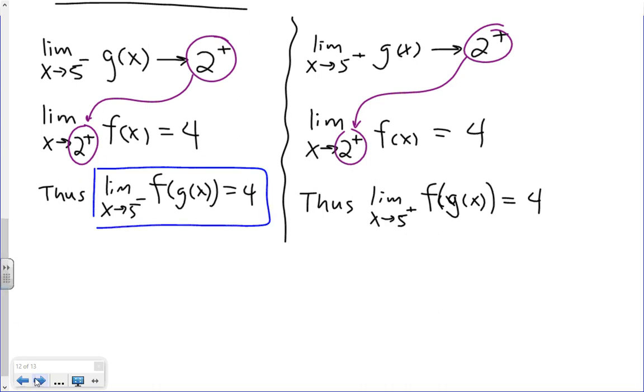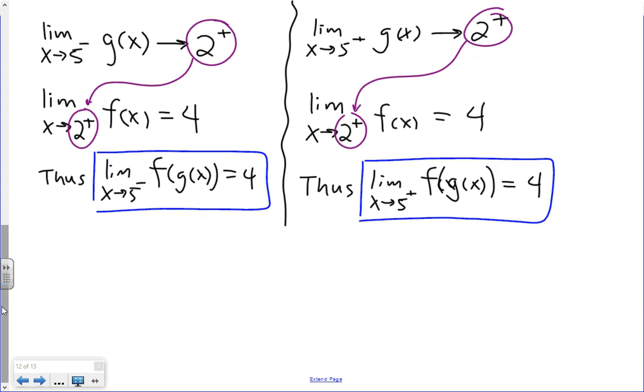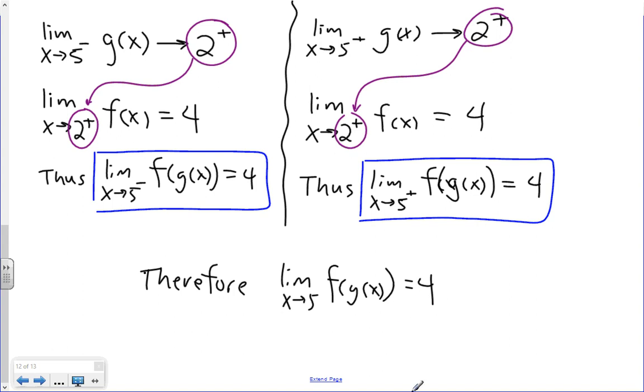The limit from the left side was 4, and the limit from the right side was 4. I can now put those two pieces together and conclude the following. I guess I'll say therefore, but you could say thus. Therefore, the limit as x goes to 5 of f of g of x is equal to 4.